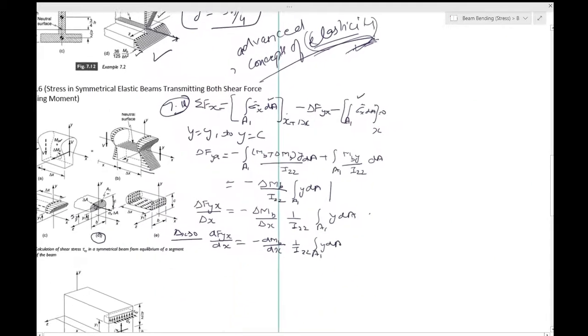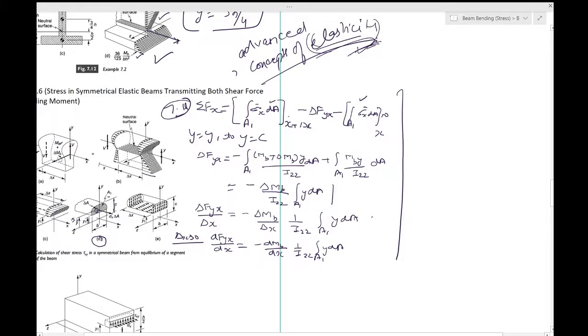Okay, now if you go back to equation 3.12 in your textbook, let's go back and see what that was. Yes, it was in section 3.5, in which you had the differential equilibrium relations, and the equations were dV by dx plus q is equal to 0 and dMb by dx plus V is equal to 0.